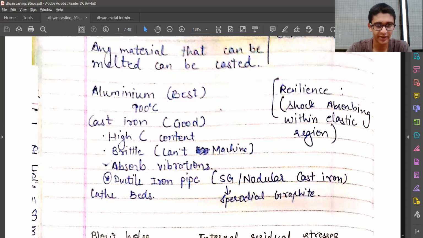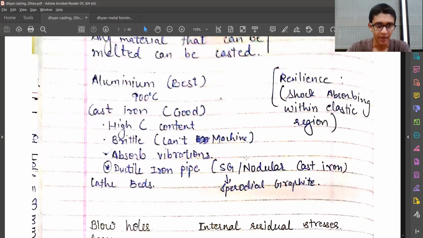It is a bit brittle, so machining of cast iron is difficult. When we try to machine it, the chips will not form properly and the surface properties may get bad, but it can absorb vibrations very well. And we can use cast iron to make ductile iron pipes.